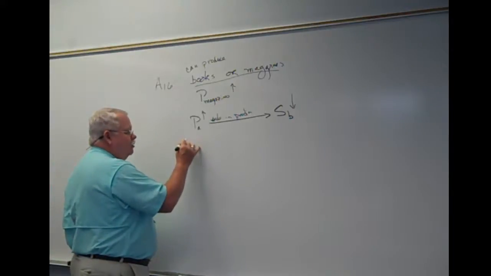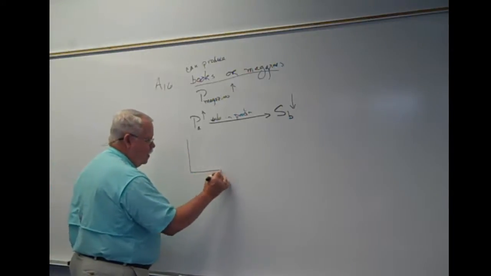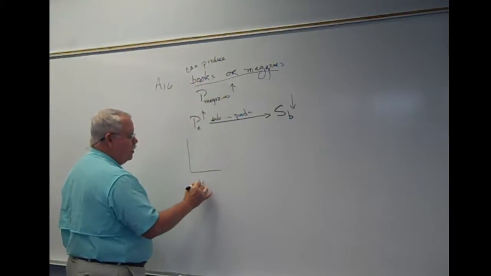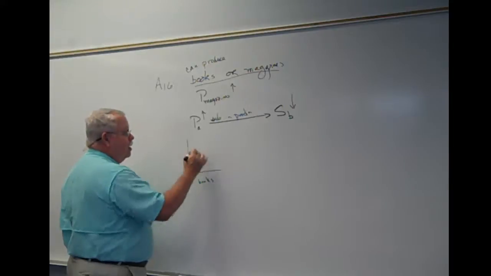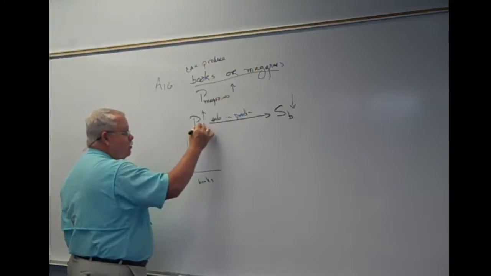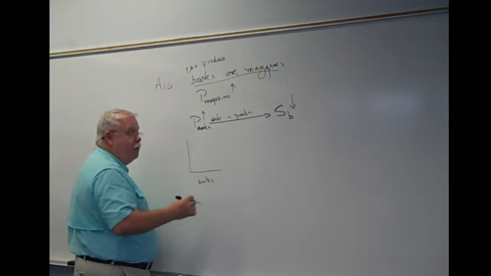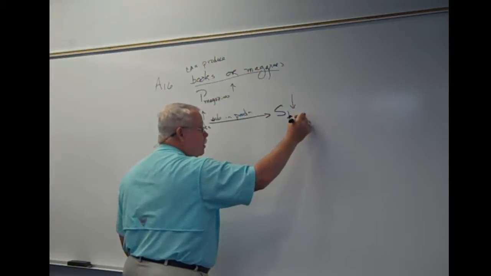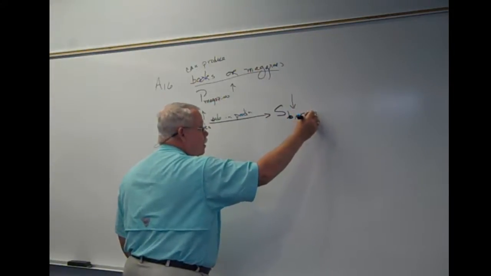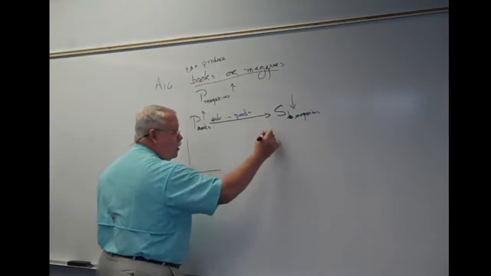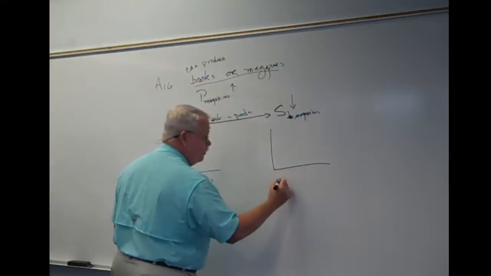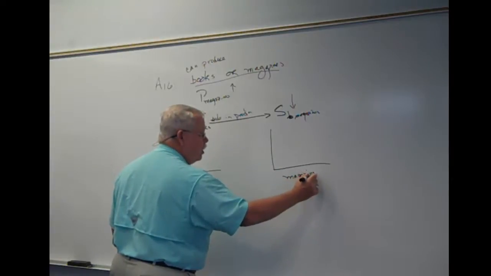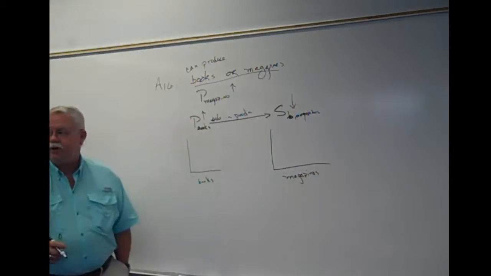Look at what this means graphically. This is the market for A, and let's let A be books now, okay? And so we're going to have an increase in the price of books. B then is going to be magazines. So we'll have another graph over here for magazines, just to illustrate what's going on and some of the variations that can go with it.